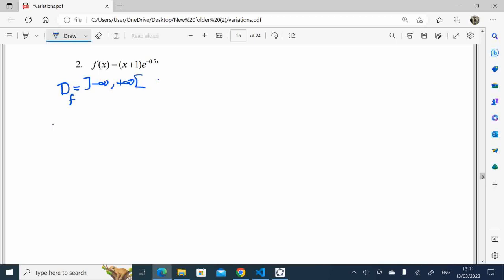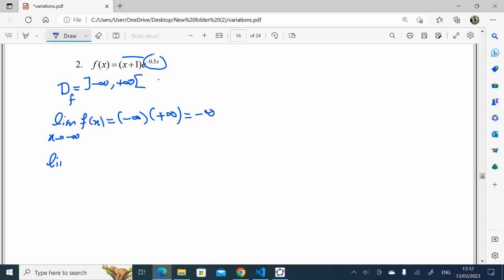Now the limit as x approaches minus infinity of f of x: x plus 1 goes to minus infinity, multiplied by e to the minus 0.5x, which goes to plus infinity, since minus 0.5x goes to plus infinity and e to plus infinity is plus infinity. Minus infinity times plus infinity is minus infinity.